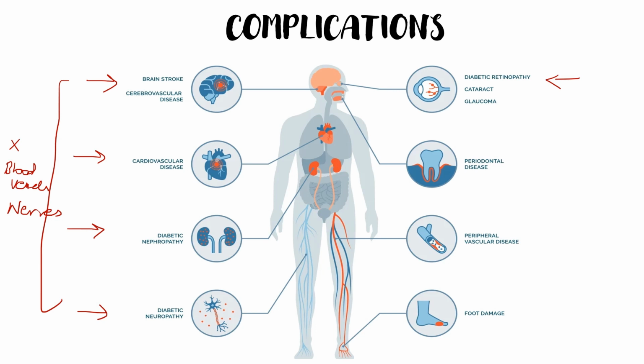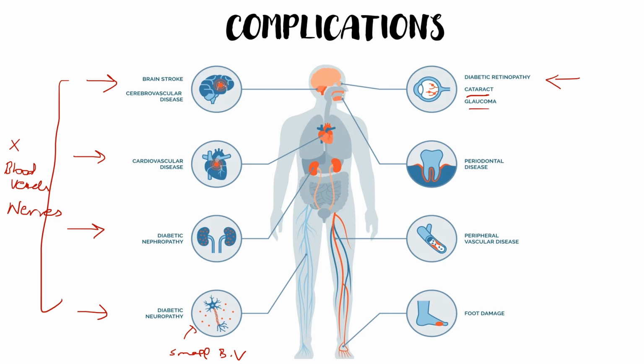The small blood vessels supplying the nerves get damaged, due to which the nerves eventually are deprived of the oxygen supply and the blood supply. Along with the diabetic retinopathy, eyes can develop cataract and glaucoma in patients with diabetes.